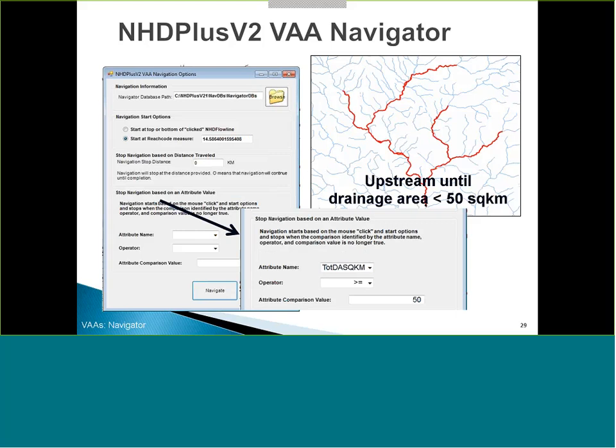Here's the drainage area stopping condition. You can say, go upstream until the drainage area falls below 50 square kilometers. We started at the same spot here, and we're navigating a lot fewer flow lines because it doesn't go up all the little tributaries, which have very small drainage areas.